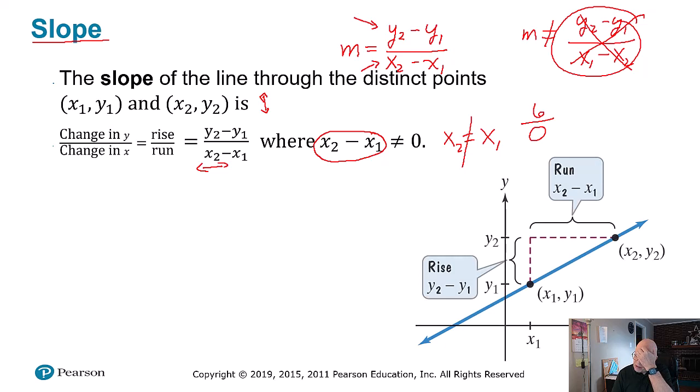So here's a picture. Here's your first point. And the ones we use here don't mean that the x is 1 and y is 1. It just means it represents the first x coordinate and the first y coordinate. This second x coordinate and the second y coordinate. That's all the x and the y subscripts represent.